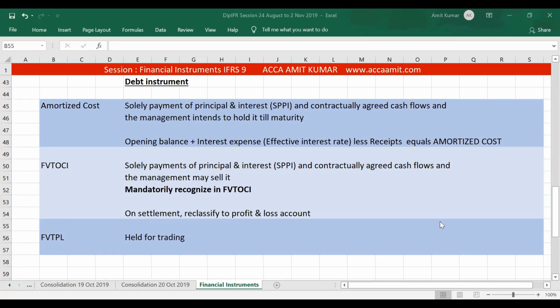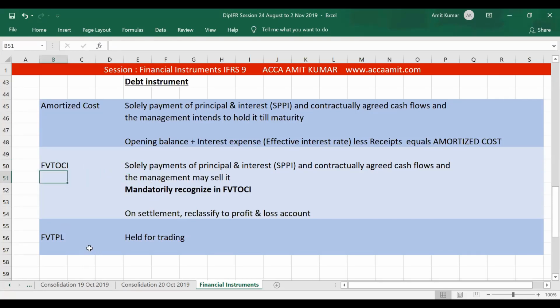Because if you are measuring it at fair value through P&L, it is automatically taking care of the impairment, gain or loss, and measuring it. If something is at amortized cost, is it subject to impairment testing? What about the fair value through OCI item, which we have been recognizing through fair value through OCI?